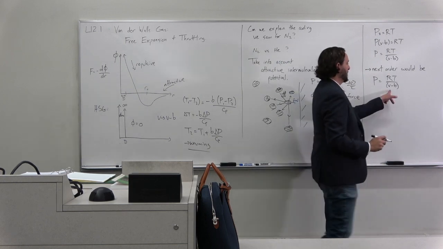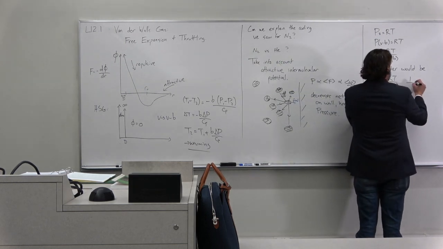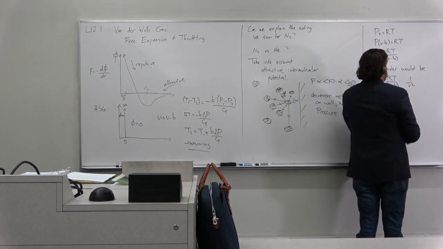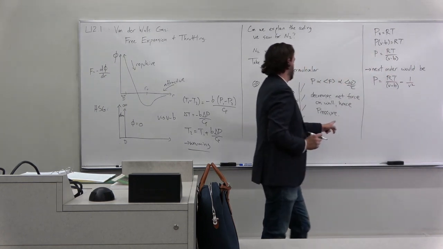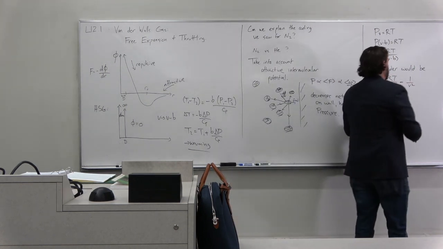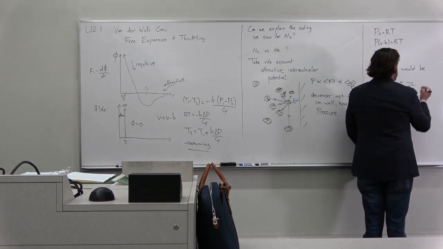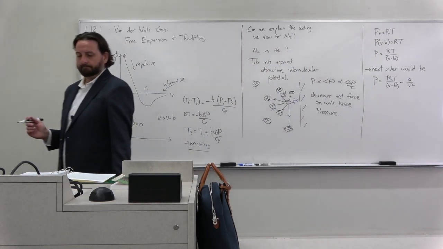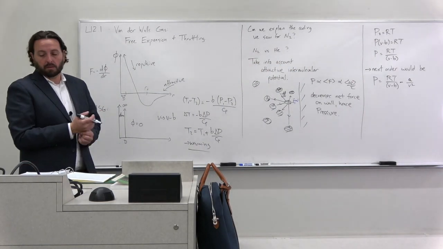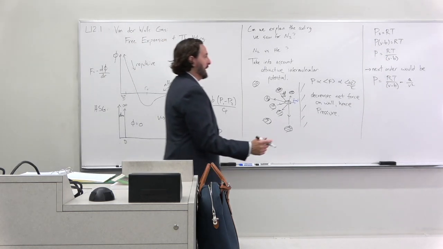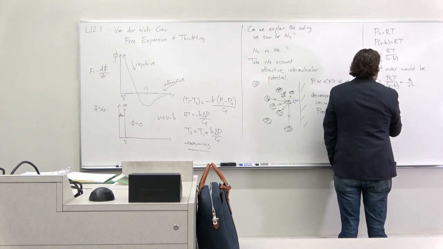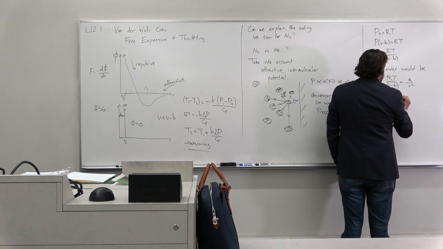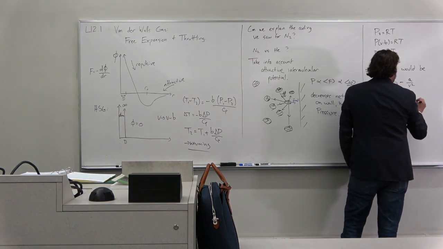But now I want some term that's going to be like 1 over V squared, so I want it to decrease the pressure, and I clearly need some sort of constant here because I don't know exactly what it is, so let's just call it a. So this is really sort of the next order correction. So another way to write that, or maybe even the more common way to write that, is (P plus a over V squared)(V minus b) equals RT.